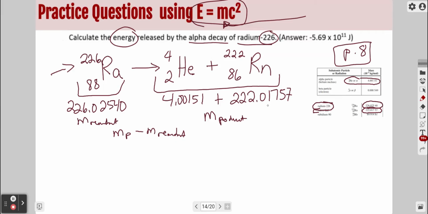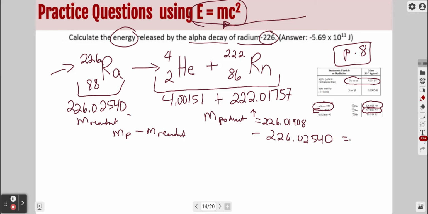So we add our products all together. We're going to go 4.00151 plus 222.01757. So our mass of our products here is 226.01908, and then we're going to subtract the mass of our reactant here, which is 226.02540.